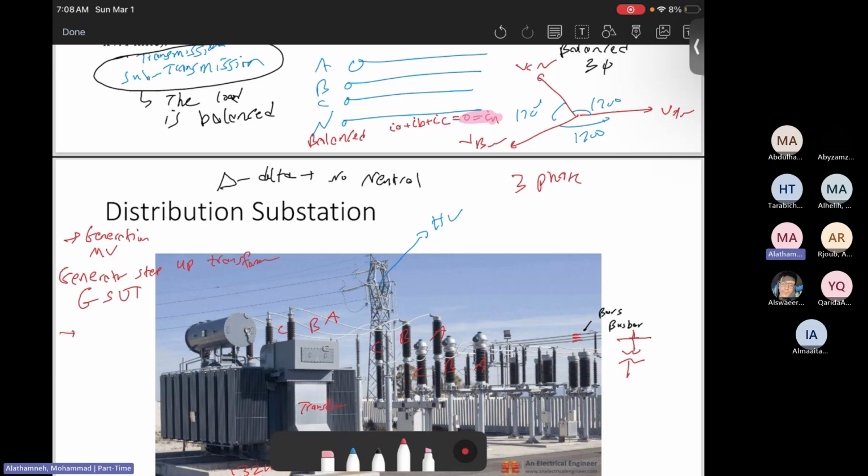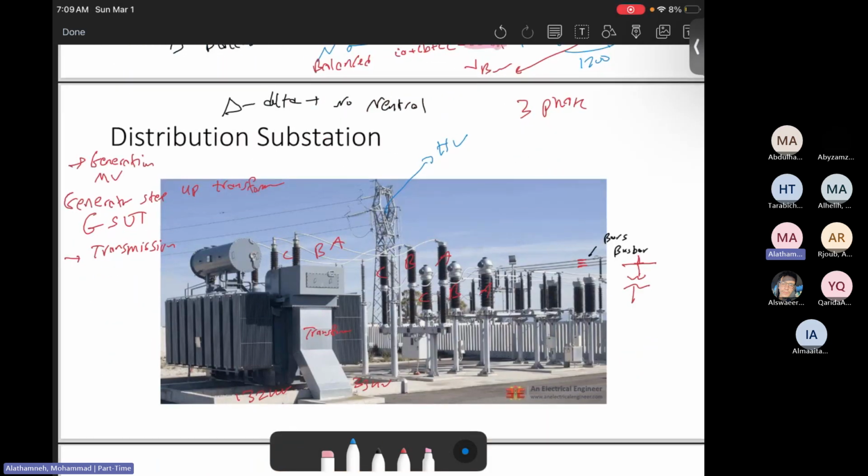Then after that, we have transmission. The transmission can be high voltage or extra high voltage, which can be 132 kilovolts or 400 kilovolts. I'm talking about Jordan.